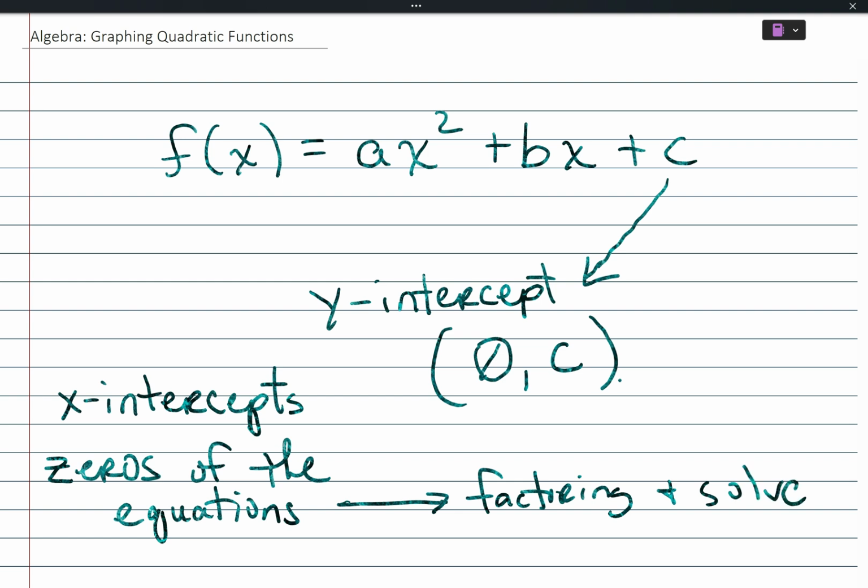So you could factor and solve for x. You could use the completing the square method and solve for x. Or you could use the quadratic formula, which will also give you the x values. And those are called the zeros of the equation. And those are also known as the x-intercepts.